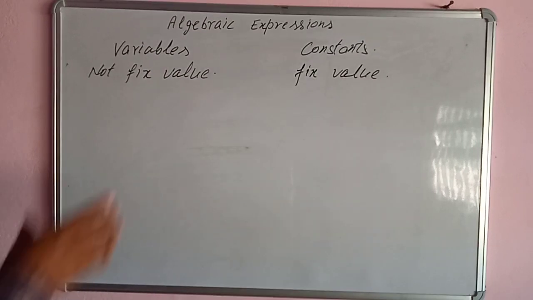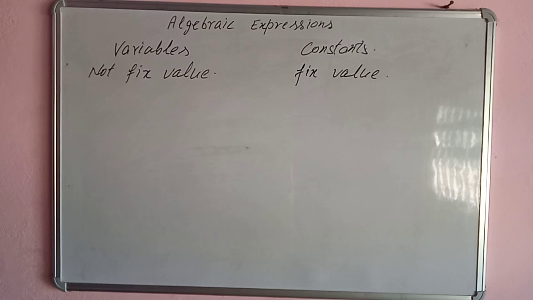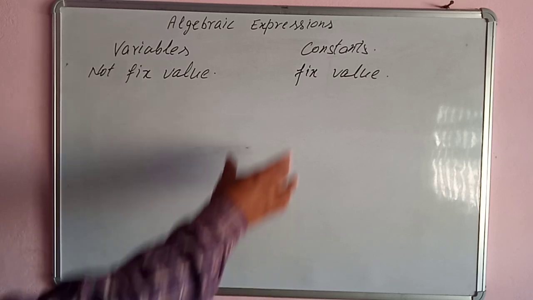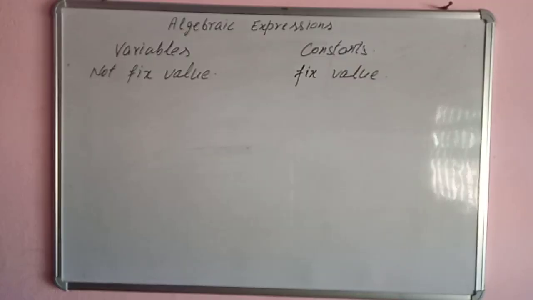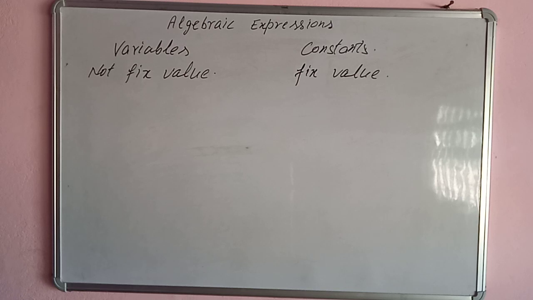The temperature of the body is also an example of a variable, because the value is not the same. An example of a constant: things in a dozen, that is 12. One dozen equals 12 things. How many things are there in one score? That is 20, that is also an example of a constant.